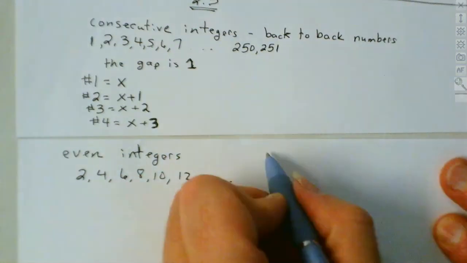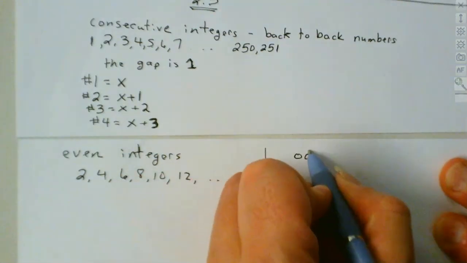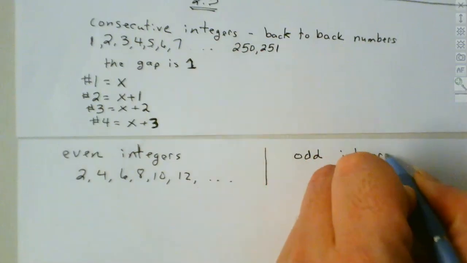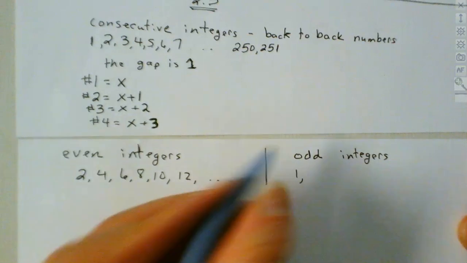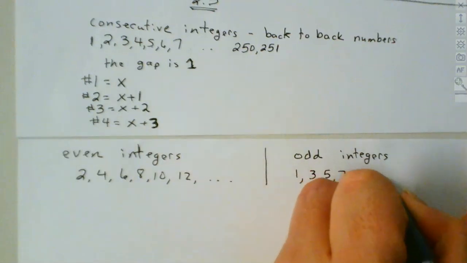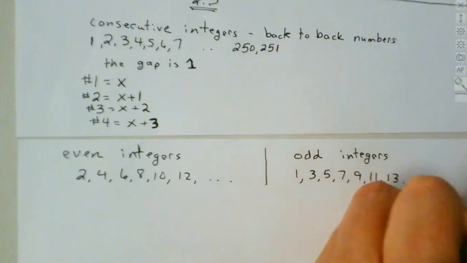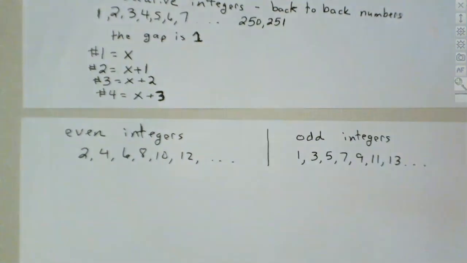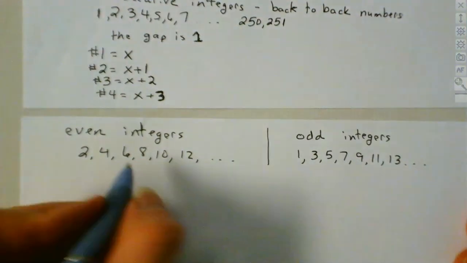What about the odd ones? The odd integers would be things like 1, 3, 5, 7, 9, 11, 13, and so on, right? Now, what's the gap between these? Both of these have a gap of 2.